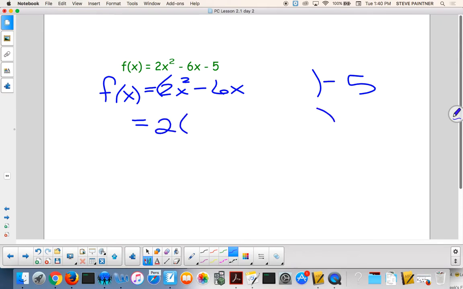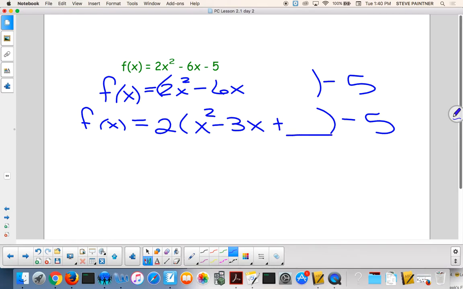So when you do that, tell me what's inside. 2 times x squared minus 3x, plus blank. Good? Okay. Now you're back to where you started.